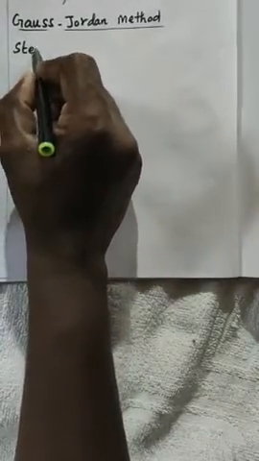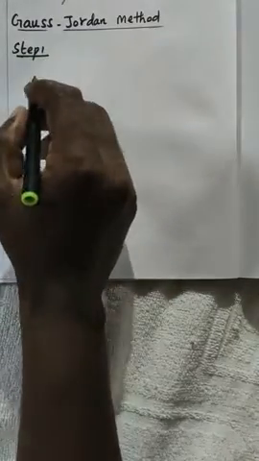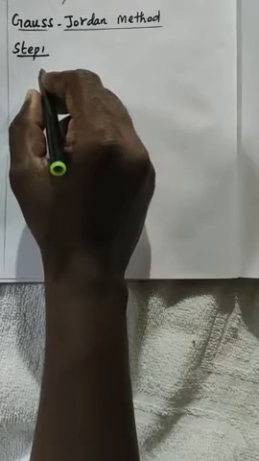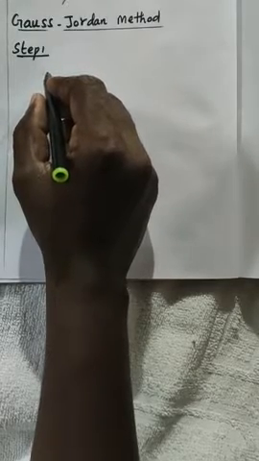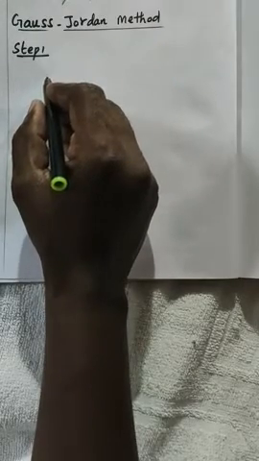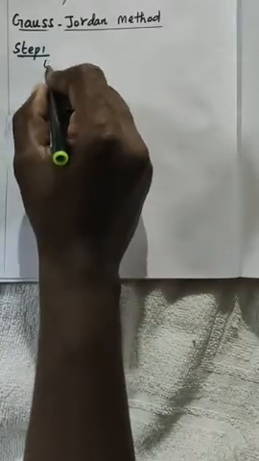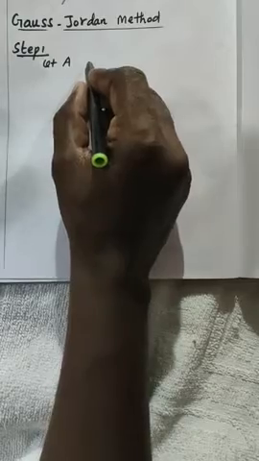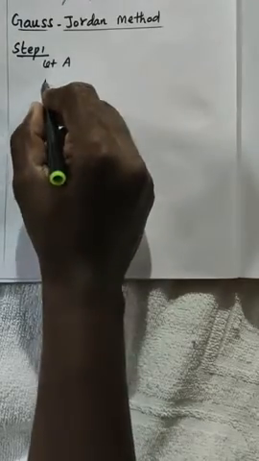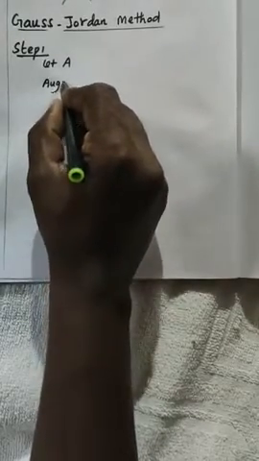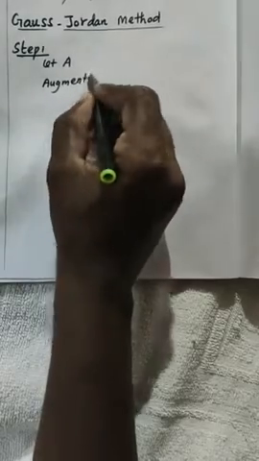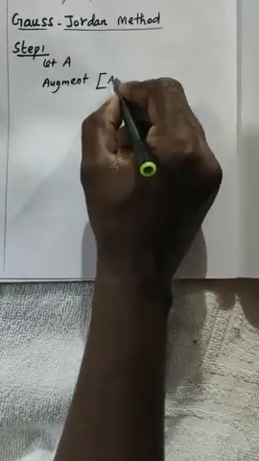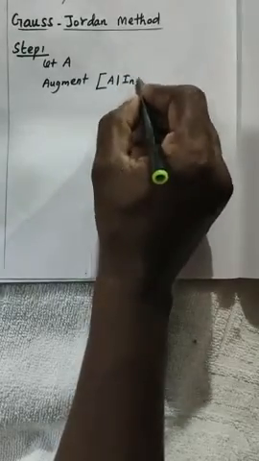Step 1. Find the augmented matrix by adding the identity In on the right side of A. Let a matrix A, then its augmented matrix is A augmented with In.